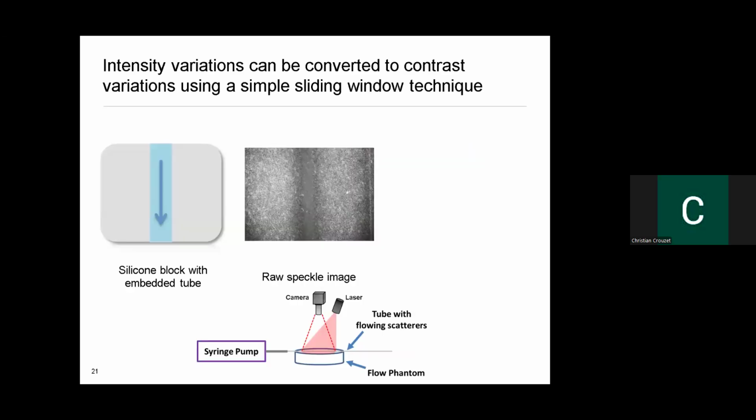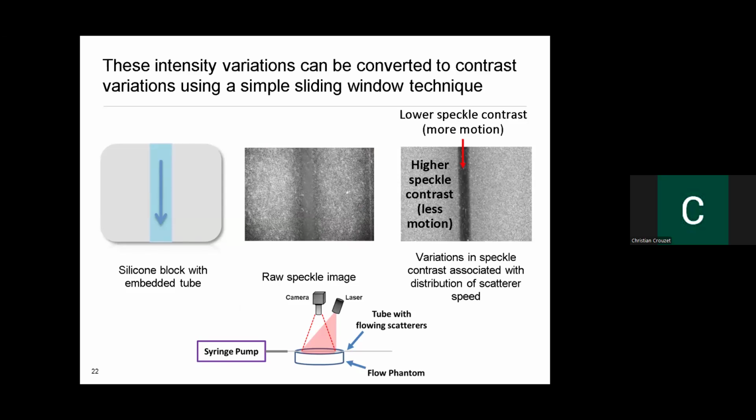And now going back to this phantom example and applying that sliding window technique to the image, you can see that in the middle, it's very dark. Where it's static, it's much brighter. So this speckle contrast term, the lower the value, there's more motion in that area. And when the speckle contrast is higher, there's less motion.